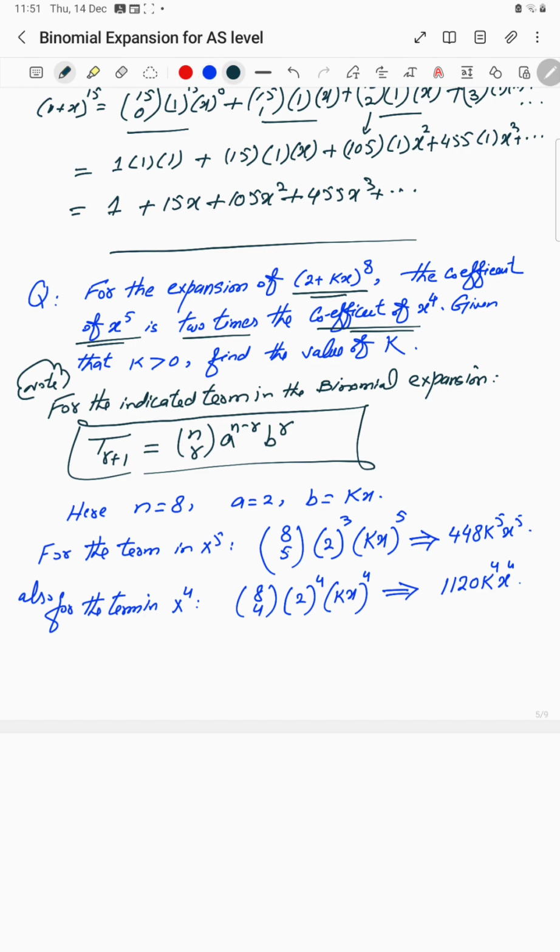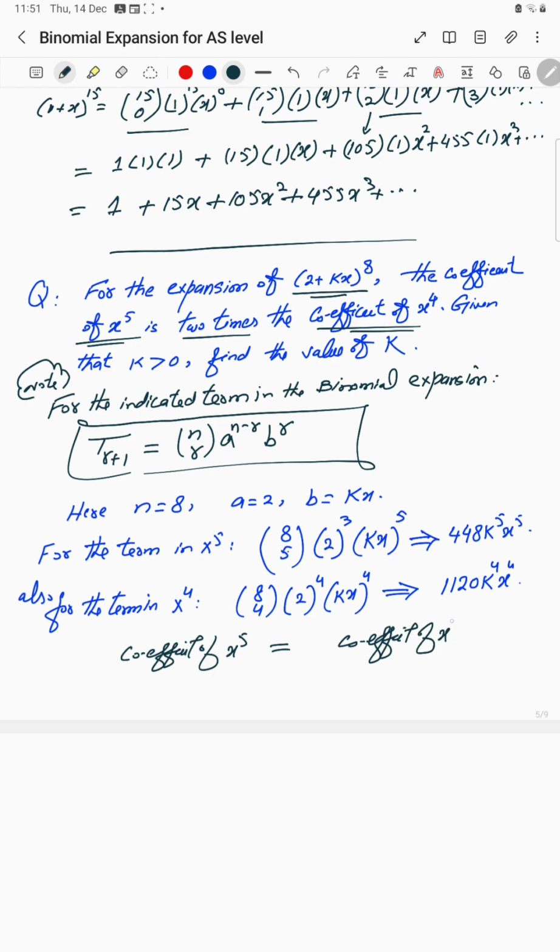Now go with the question. It's given that the coefficient of x^5 is 2 times the coefficient of x^4. So it means the coefficient of x^5 is 2 times the coefficient of x^4.